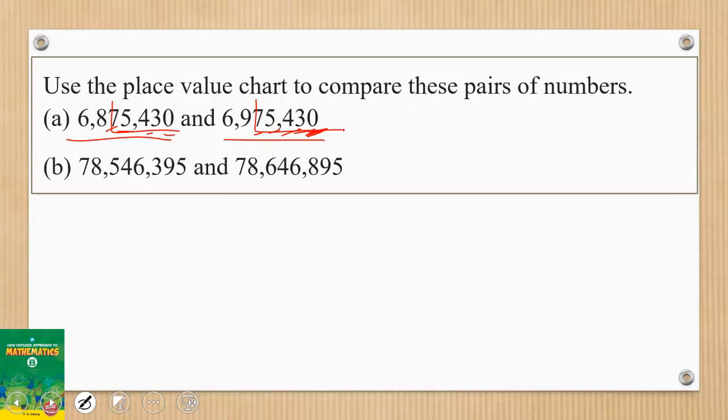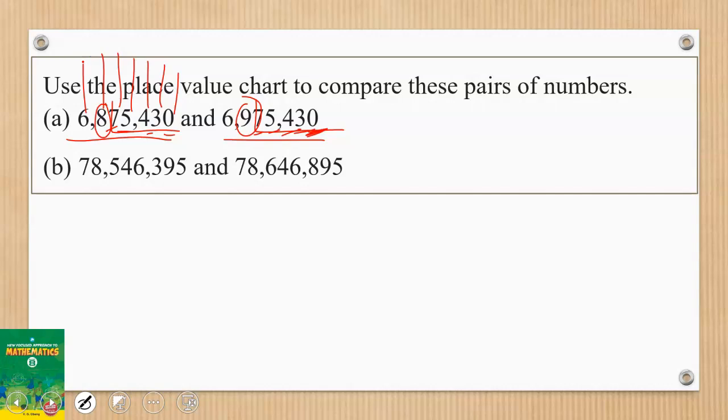So right from here, we have the same numbers. The next place value is 8 here, and this is also 8, but here the 8 represents 100,000. To make it easier for yourself: ones, tens, hundreds, thousands, 10,000, 100,000, then 1 million.